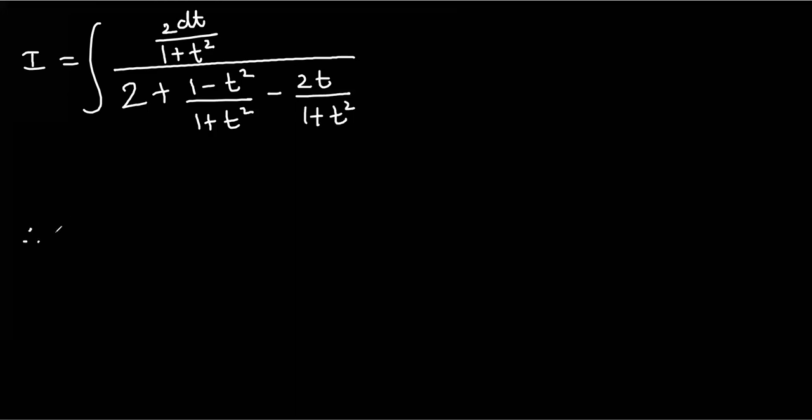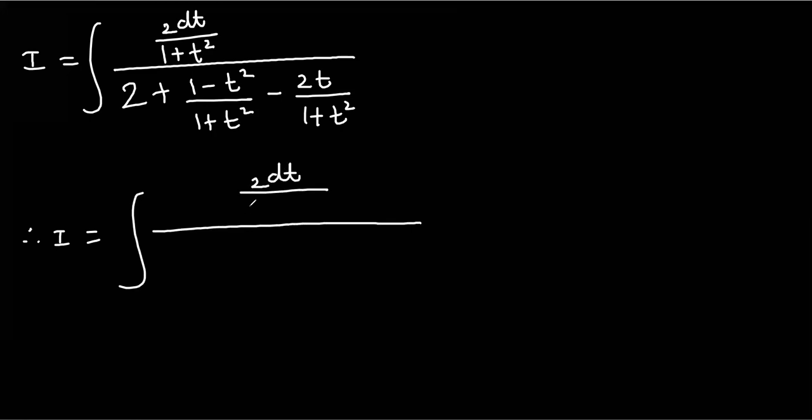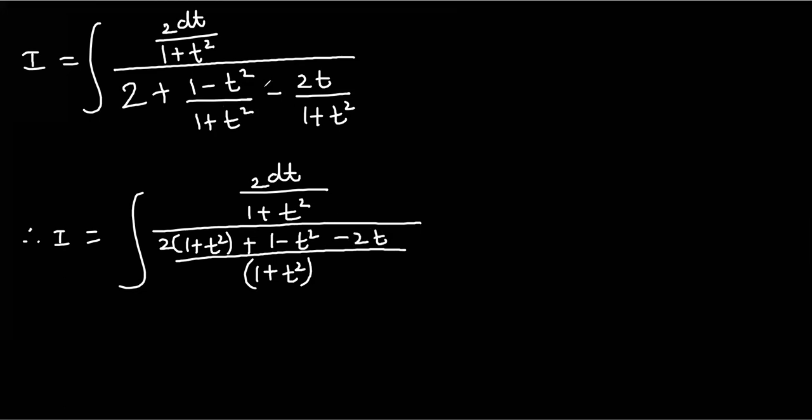So therefore I equals 2 dt upon 1 plus t square, and here the LCM is 1 plus t square. You get 2 into 1 plus t square plus 1 minus t square minus 2t. See, I'm simplifying the whole denominator.